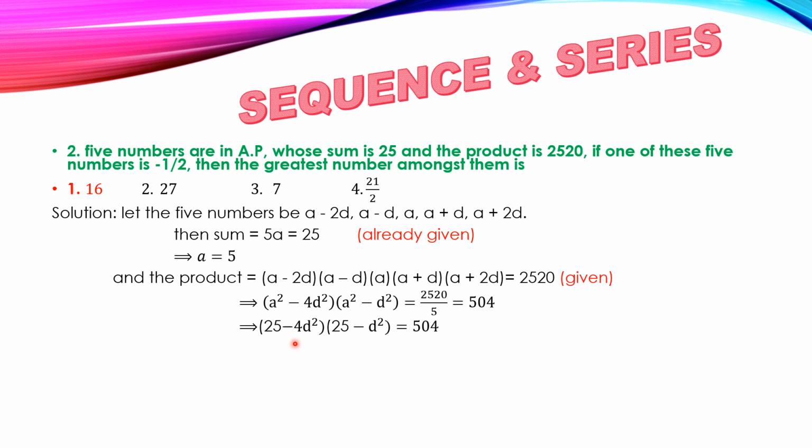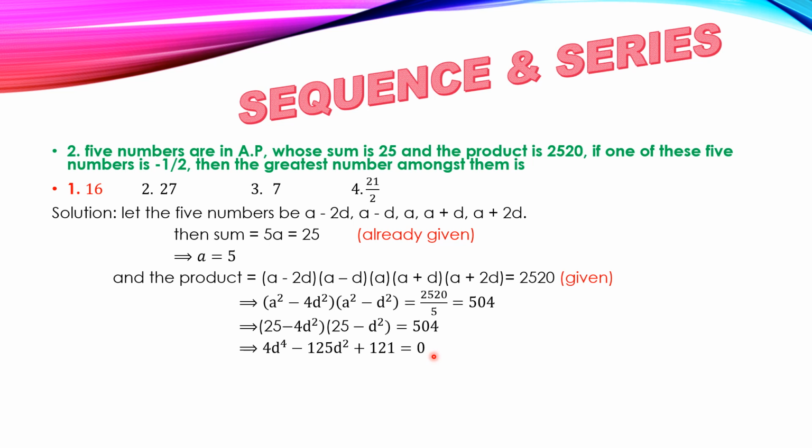So now we multiply these terms, then we get 4d^4 - 125d^2, and 504 will be taken to the LHS side, and 25 into 25 is 625, minus 504, that value is 121, equals 0. Now the equation is 4d^4 - 125d^2 + 121 = 0.